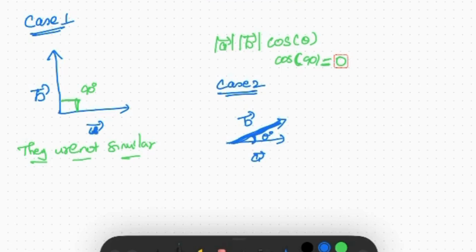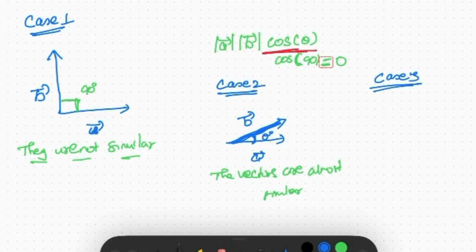So in this case, the vectors are almost similar. I'll tell you why we have taken cos theta, why not sin theta. All these details I'll be telling you. Before that, let's finish off case 3.